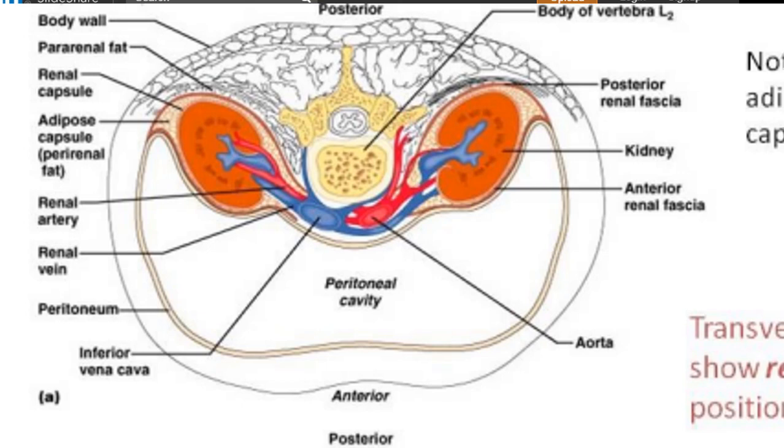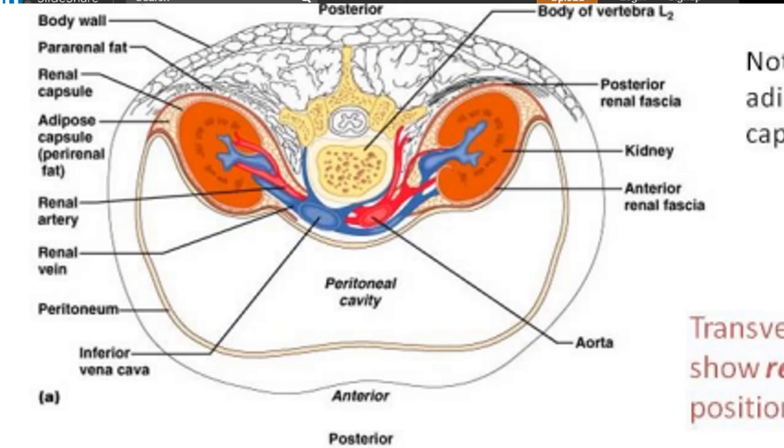It is a collection of fatty tissue that acts as a shock absorber and helps to maintain the kidney in its position.